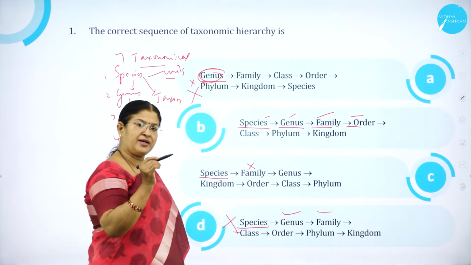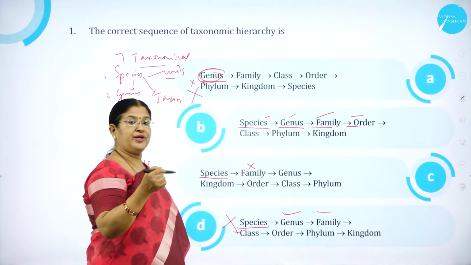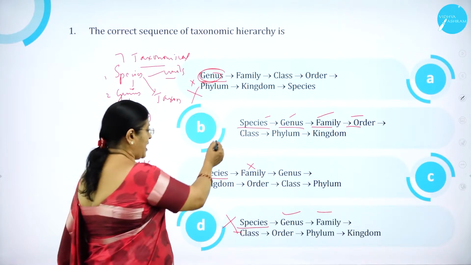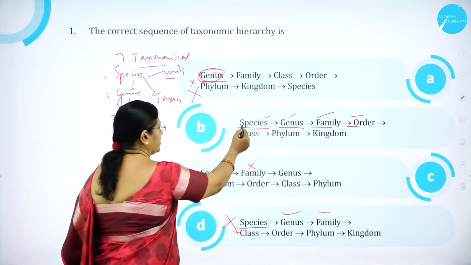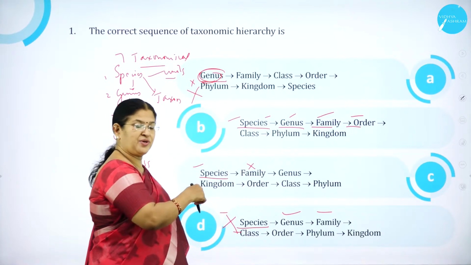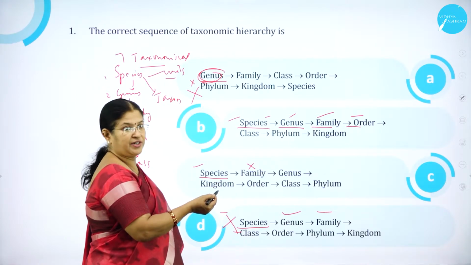You need to first mark the first right option among the options. That is how you can also make a guess of which is the correct option, right? Suppose the first one is right, go to the second one. If the second one also is right, go to the third one.